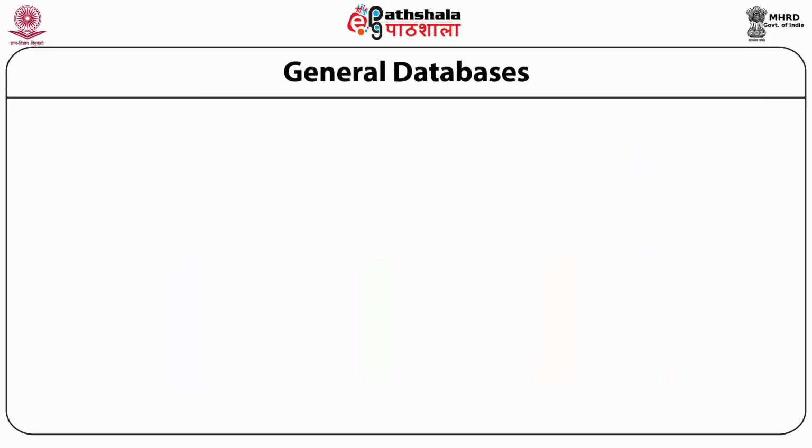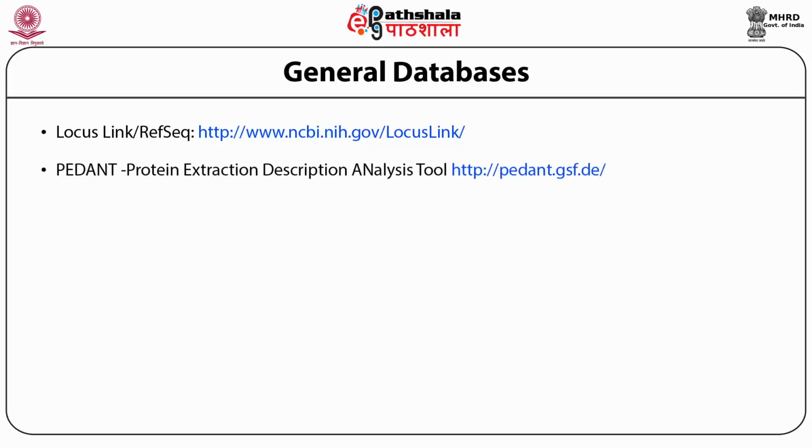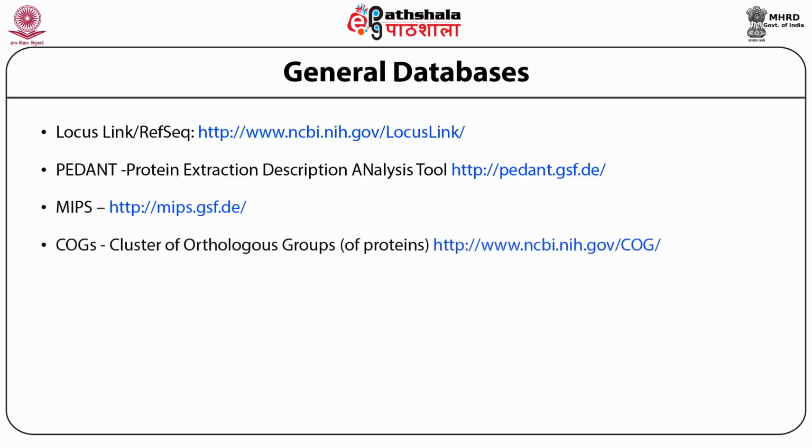We discussed the general databases used for comparative genomics, like LocusLink, the RefSeq database of the NCBI. Then PEDANT, the protein extraction, description and analysis tool, and MIPS, then COGs, the clusters of orthologous groups of proteins.